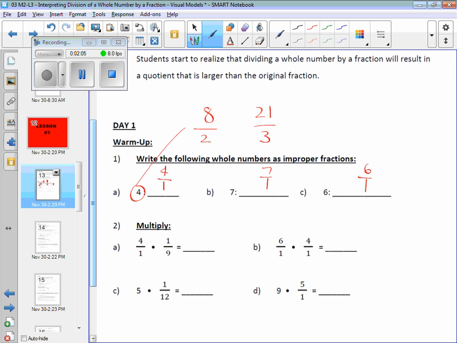as a denominator. With 6, what if I tell you that the denominator has to be 10? Think about that rule. Whole number times denominator will get 60.